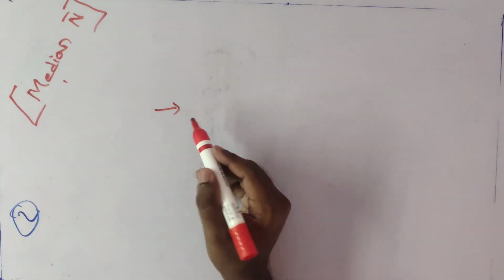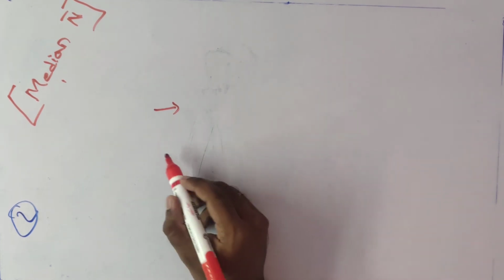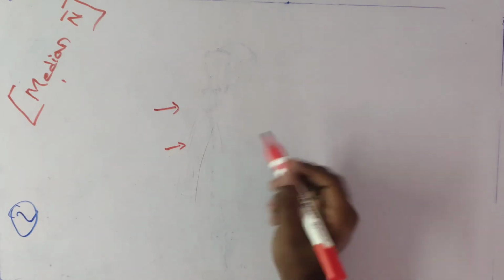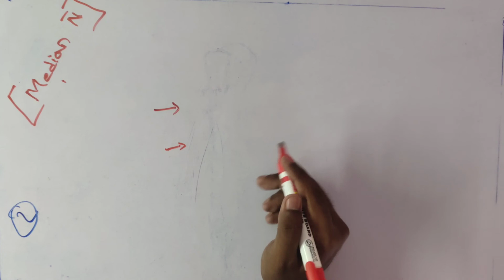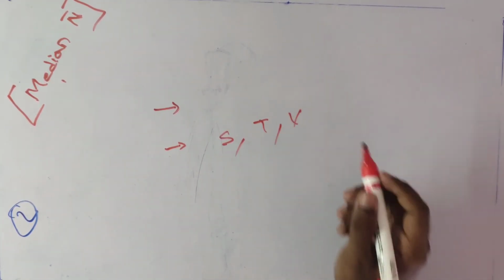Next, loss of flexion of proximal interphalangeal and distal interphalangeal joints, loss of flexion of interphalangeal joints of the thumb, loss of thenar eminence, and sensory, trophic and vasomotor changes.